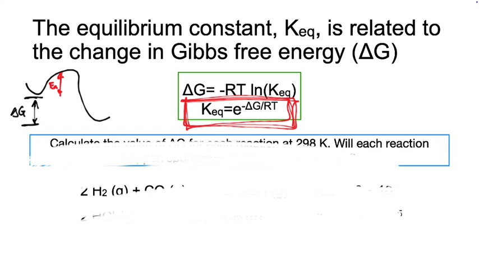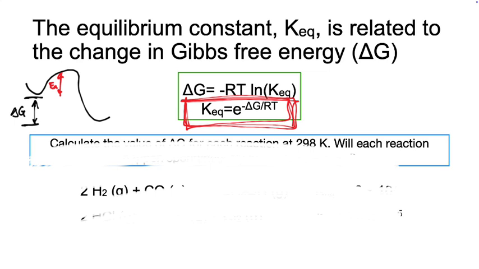That's delta G. If the Arrhenius expression gives me EA, how am I going to get delta G out of it? Why is this related? Delta G isn't talking about a rate constant, it's talking about the equilibrium constant. And when we look at the equilibrium constant, what are we looking at? The rate of the forward equals the rate of the reverse.